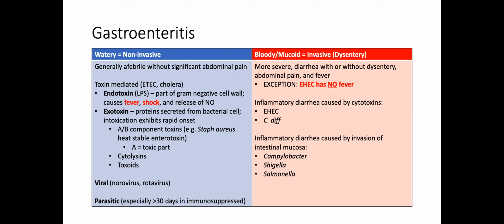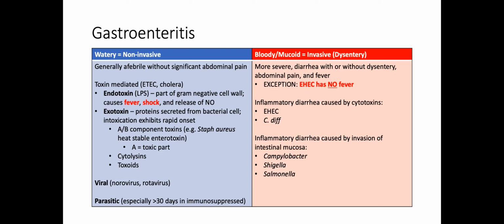Think about all of those babies and little kids running around in preschool. And then parasitic, and usually this is what happens if somebody has over 30 days of watery diarrhea and is immunosuppressed.